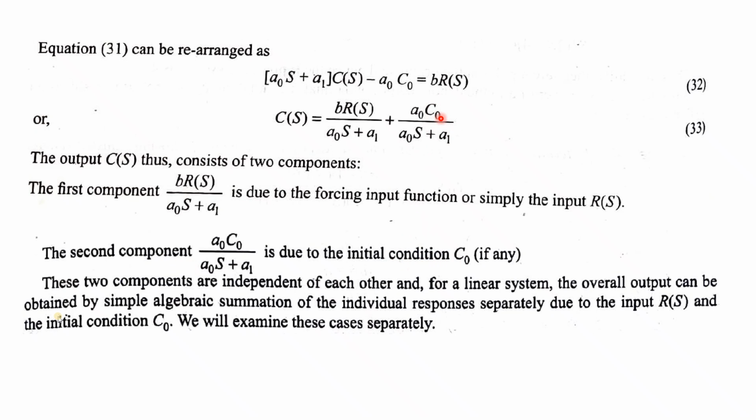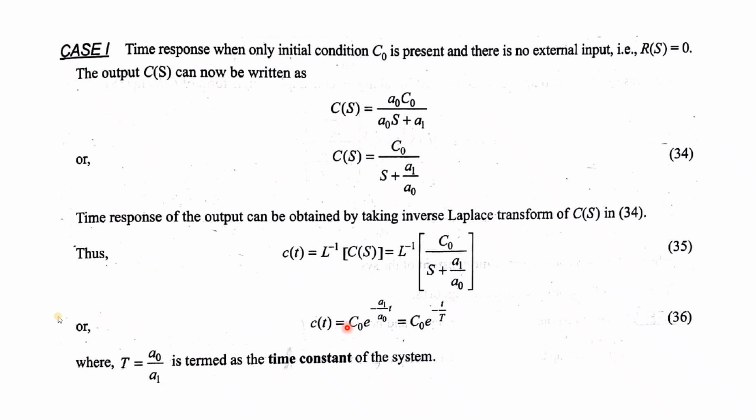Second component does not have input function, it has the initial function, or the output at the initial condition. So these two components are independent of each other for a linear system, and the overall output can be obtained by simple algebraic summation of the individual responses due to the input Rs and initial conditions.